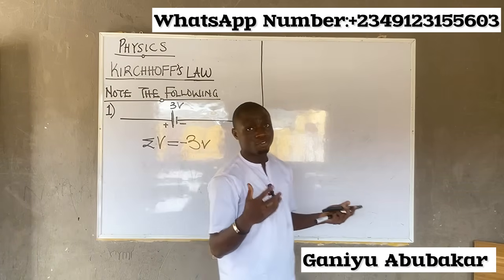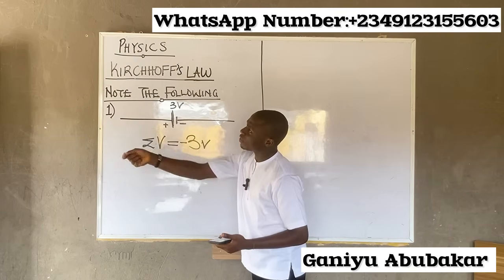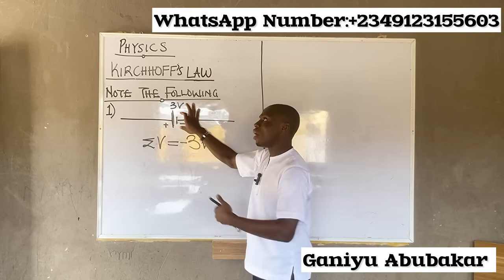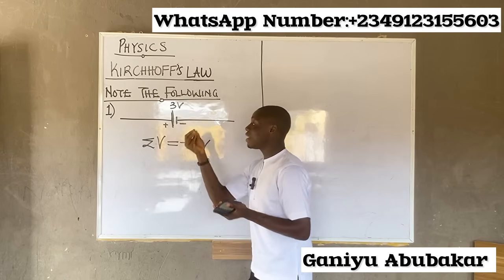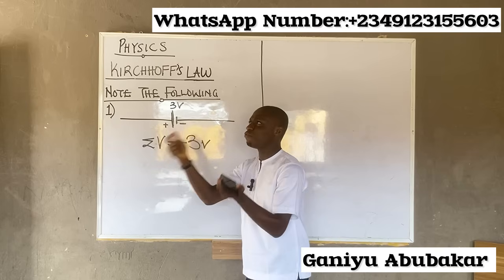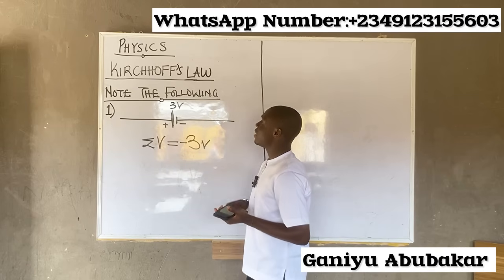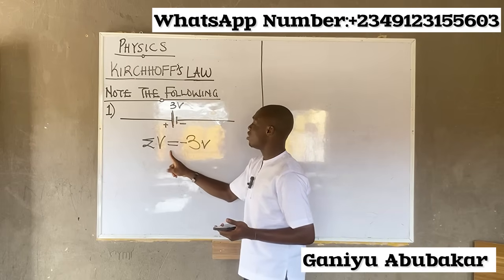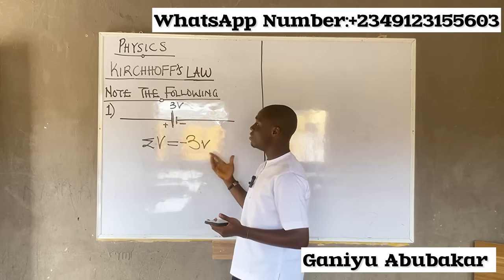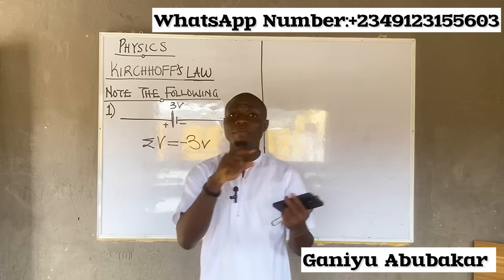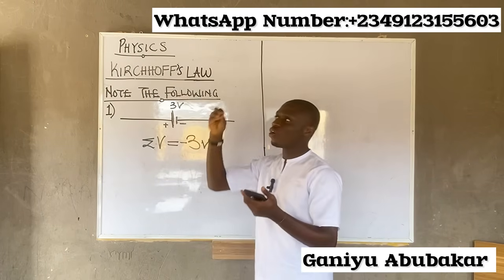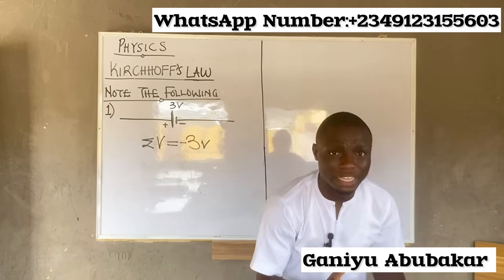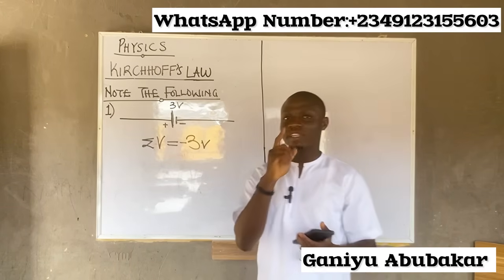Why is it negative 3 volts? Because when current is moving from a high to low potential, we take voltage as negative. So bear in mind, that's the first case. When current is moving from a high to low, take V as negative, please.